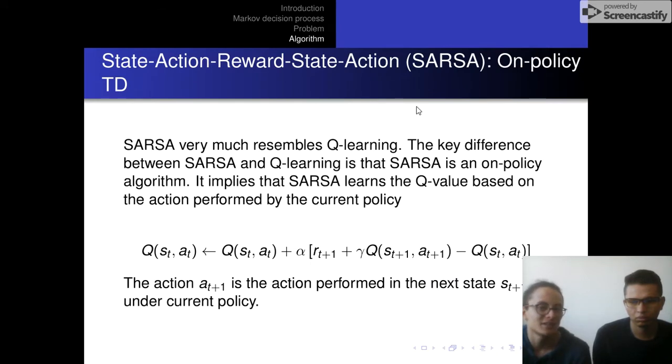Another similar one is SARSA, state, action, reward, state, action. This is also temporal difference, but it's really similar.